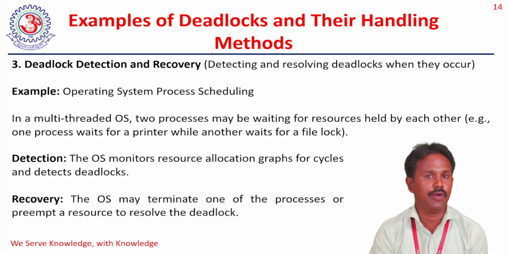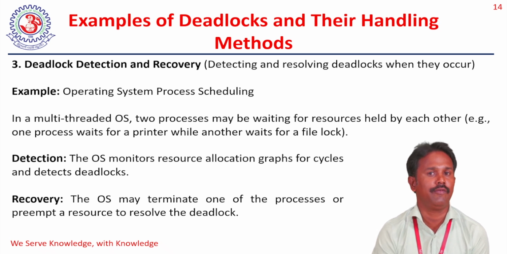One process waits for a printer while another waits for a file lock. So how to detect and how to recover? The operating system monitors the resource allocation graphs for cycles and detects the deadlocks. Recovery: the operating system may terminate one of the processes or preempt a resource to resolve the deadlocks.